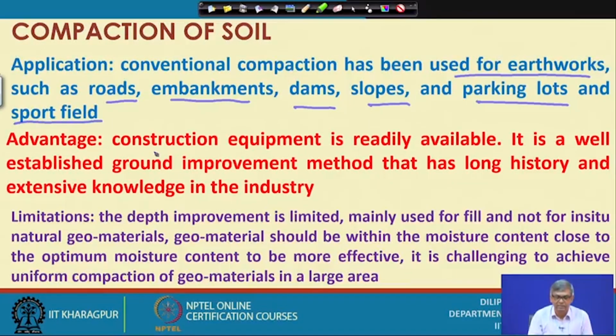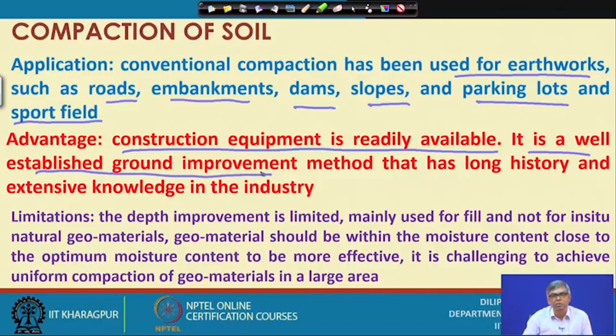The advantages are that construction equipment is readily available: this type of roller and whatever I have mentioned are very easily available, and the method is well established. People have been using it for a long time to compact soil, and there is extensive knowledge in the industry. Contractors know well what to use, how to use it, and which will be effective.